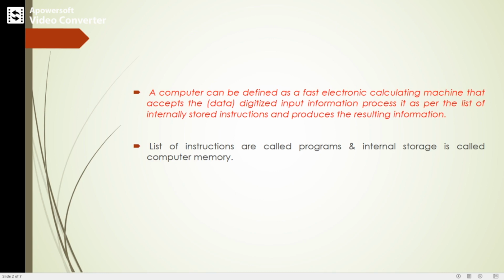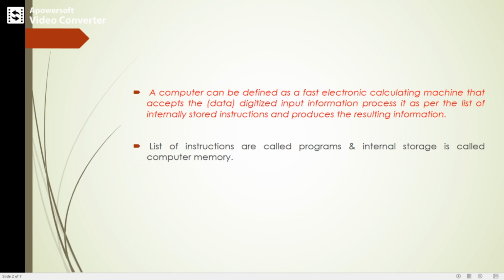A computer can be defined as a fast electronic calculating machine that accepts the data, that means digitalized input information, processes it as per the list of instructions which are stored internally, and produces the resulting information.